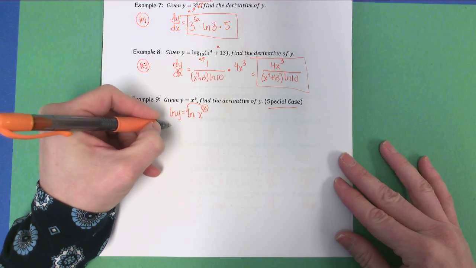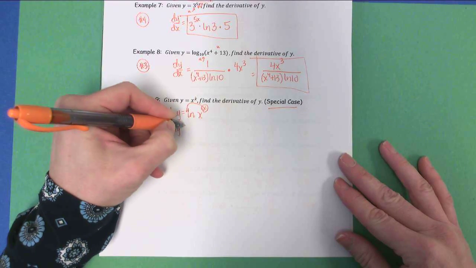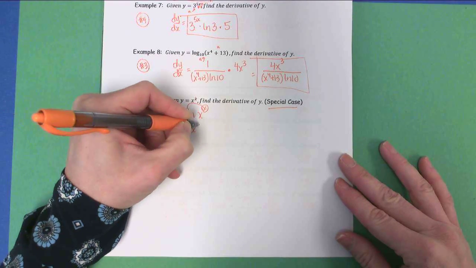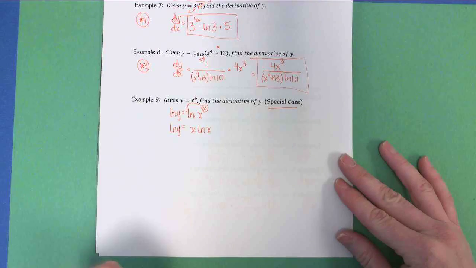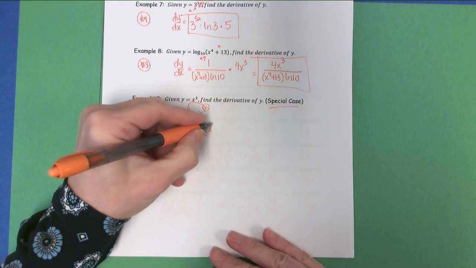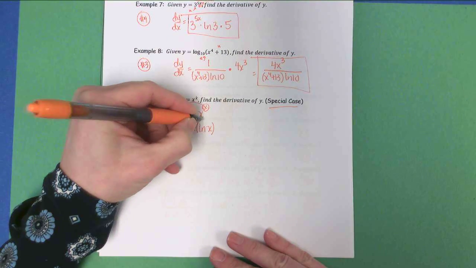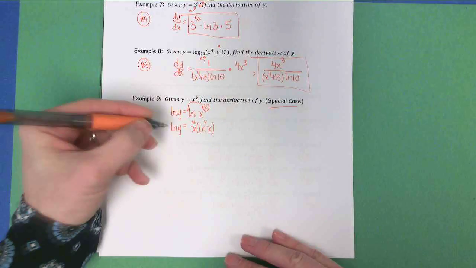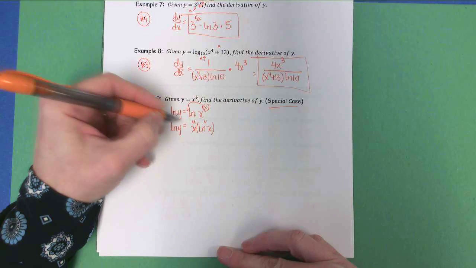So my next line will be ln of y equals x ln of x. Now I can find the derivative by implicitly differentiating and using the product rule, where this is my u and this is my v.